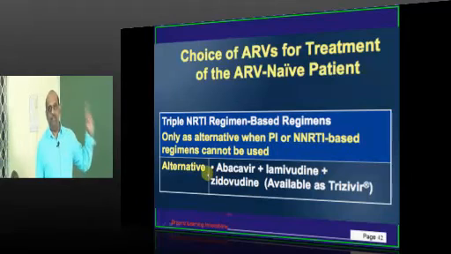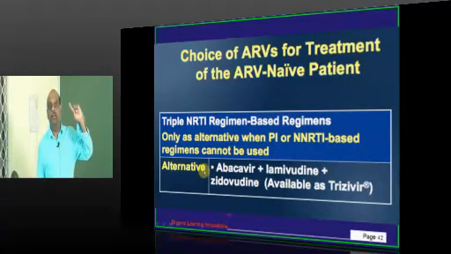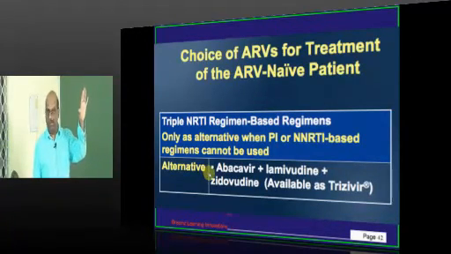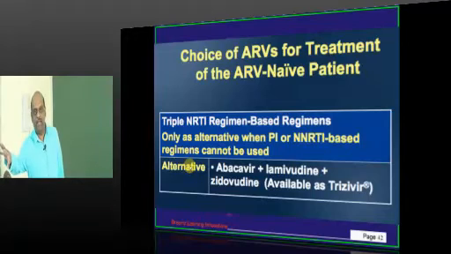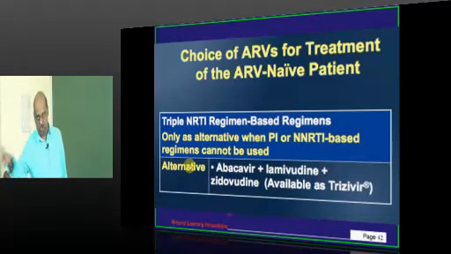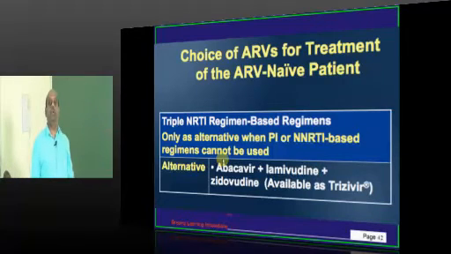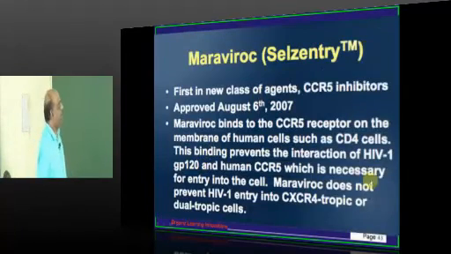Two NRTIs combined with either efavirenz or nevirapine. You choose one. If you can't choose either of them, then you choose a protease inhibitor. Got the point, no? Two NRTIs with either an NNRTI like efavirenz or nevirapine, or with one of the protease inhibitors. That is the general regimen that needs to be remembered.